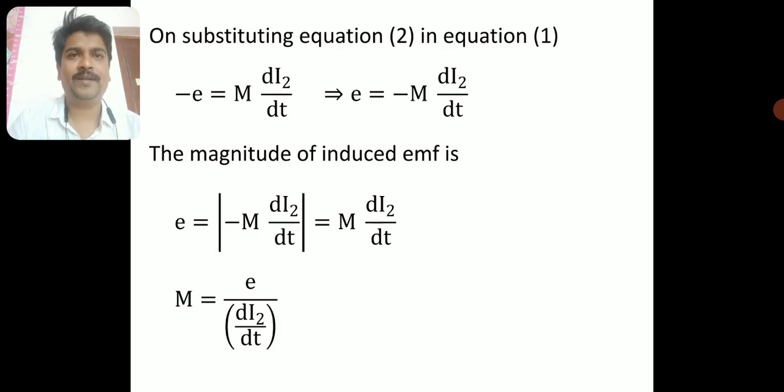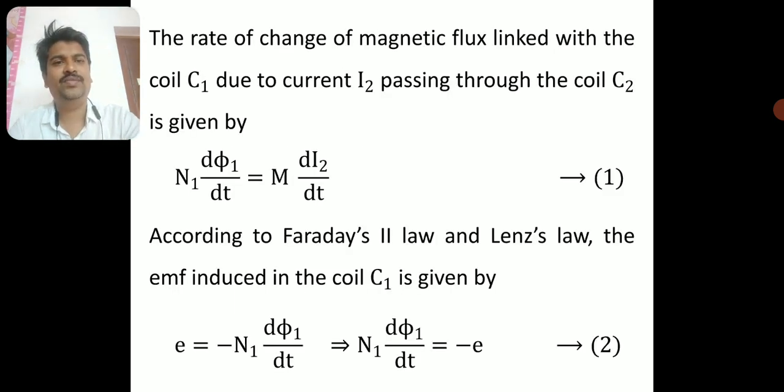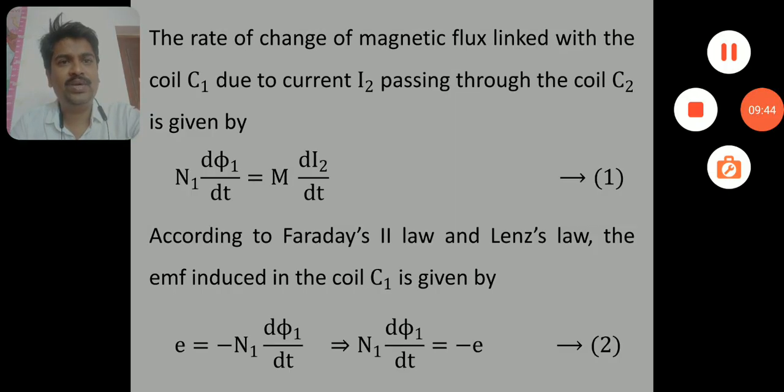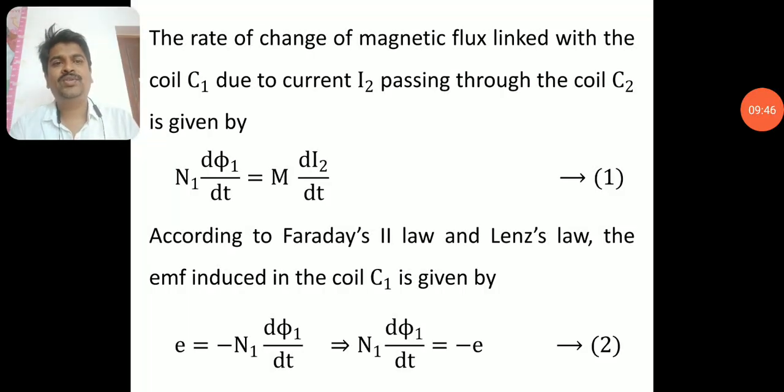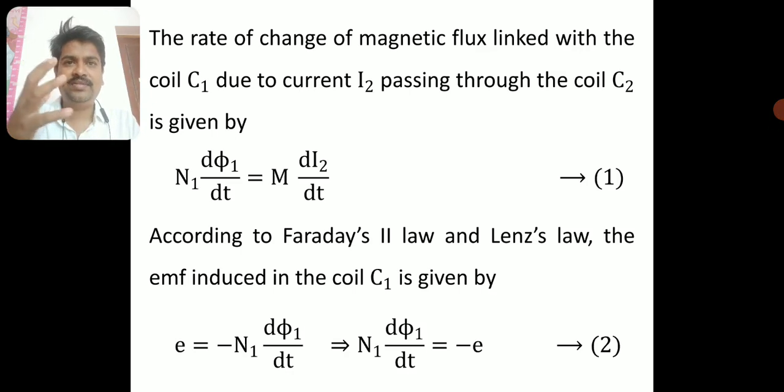Let me move further, substituting equation 2 in equation 1. See, the left hand side of equation 1 and equation 2 is the same. So I can easily equate the right hand sides of these two equations.